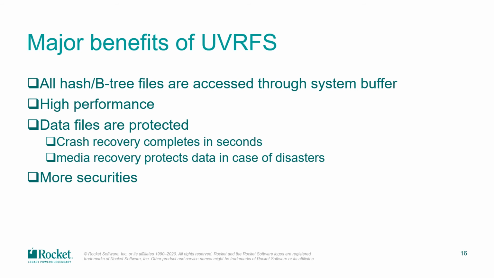The third thing is that because all the files are going through the system buffer, we are generating before-image logs and after-image logs to protect the data files. And so we have crash recovery, we have media recovery, those security means to protect your data. So your data is pretty much secured.